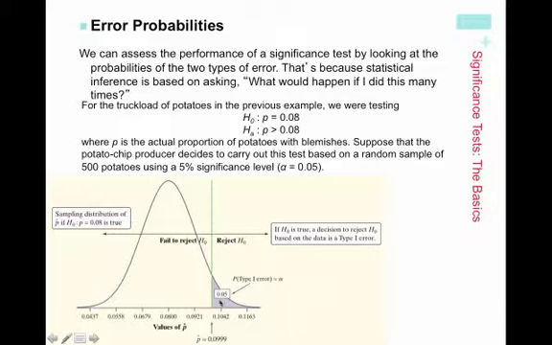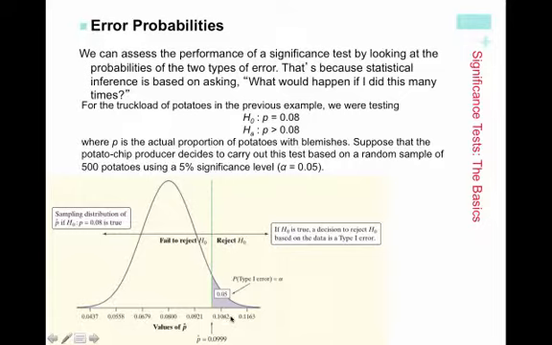If we collect a sample and p hat is up here, let's say we get 0.10, we would reject the null hypothesis. It's too different from what we're claiming to help us fail to reject that. If we get a p hat down here, we would fail to reject the null hypothesis. In other words, we would be accepting the alternative hypothesis.